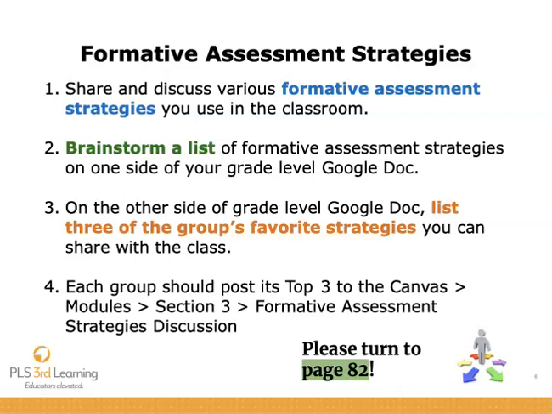On the left side of the document, you will brainstorm a list of formative assessment strategies. On the right side of the document, your group needs to decide which 3 of the strategies are your favorite. Post your grade level group's top 3 list in the discussion area.